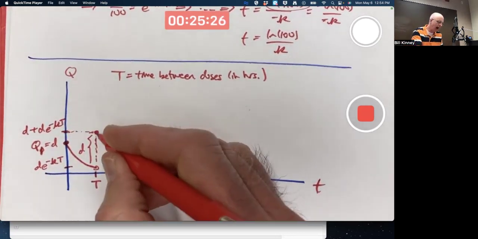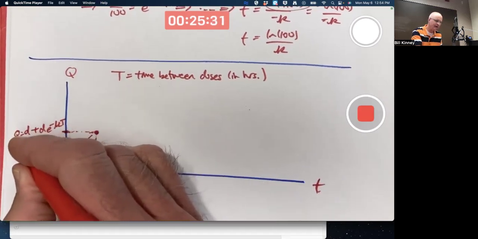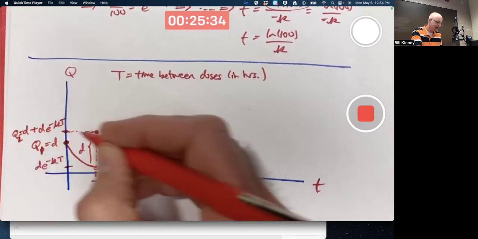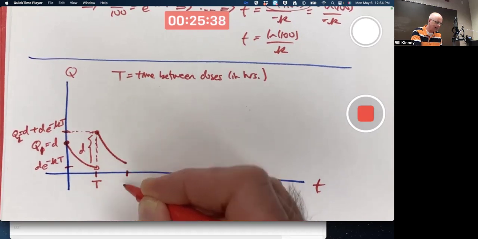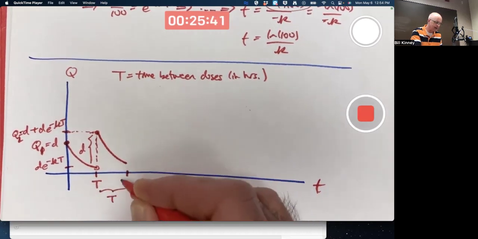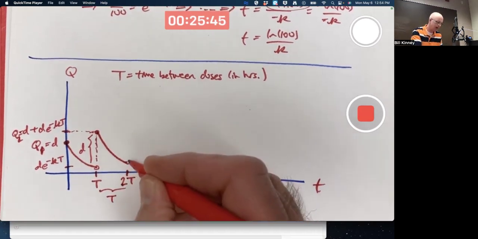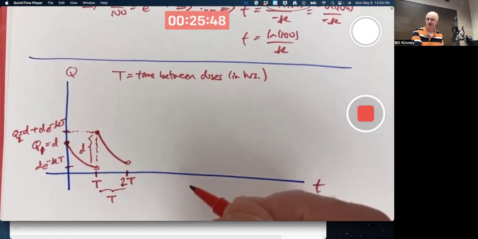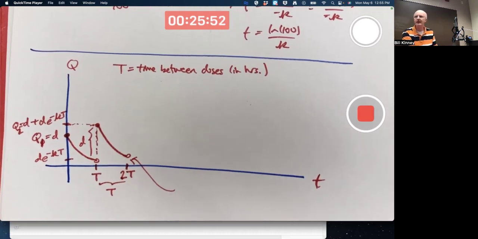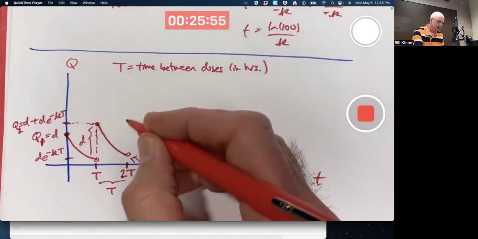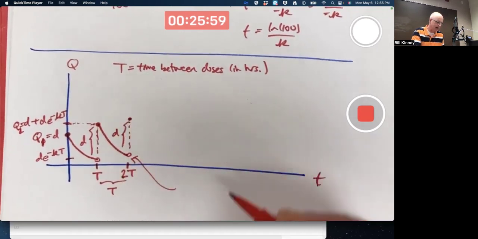And then that new higher amount, I could call it Q1 or Q2. That decays another T units of time to time 2 times capital T. What does it decay to? What's the second coordinate of the point that's going to be missing there right before the jump discontinuity? Think about it here.